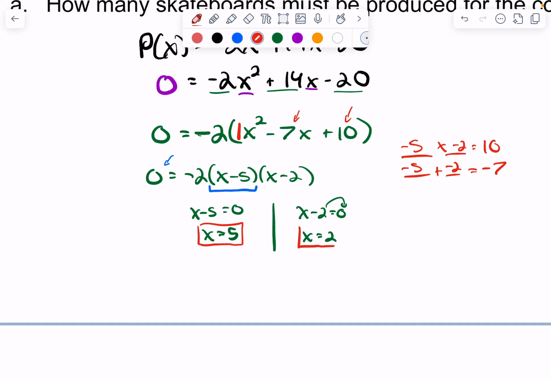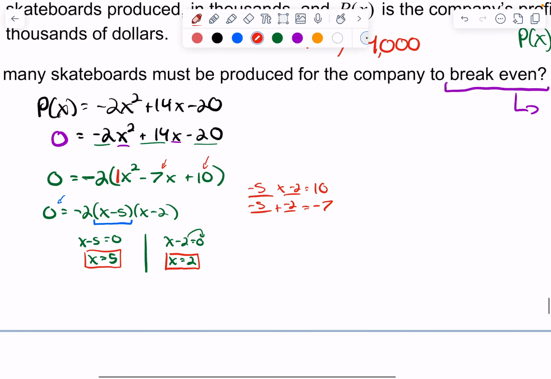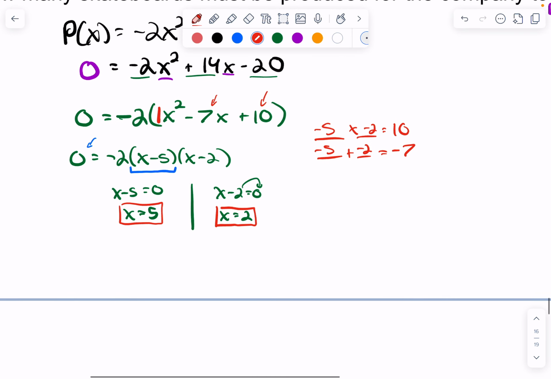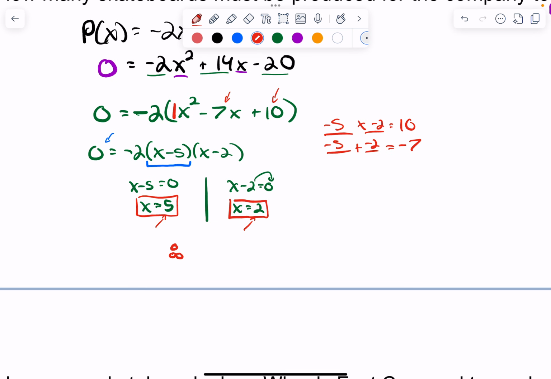There is your other solution. So how many skateboards must be produced for the company to break even? Remember, x represents the number of skateboards. So in this case, when x is 5 and 2. But also recall we're measuring these in thousands. So therefore, we need 5,000 skateboards or 2,000 skateboards.